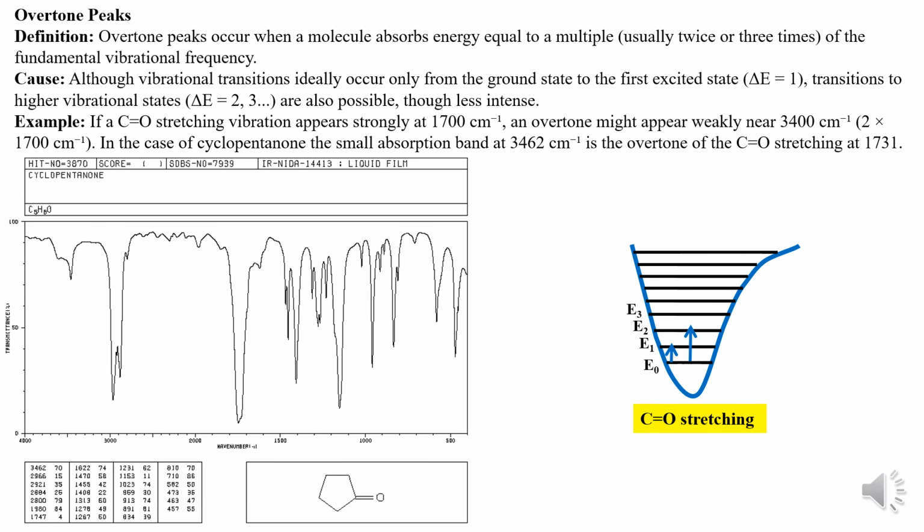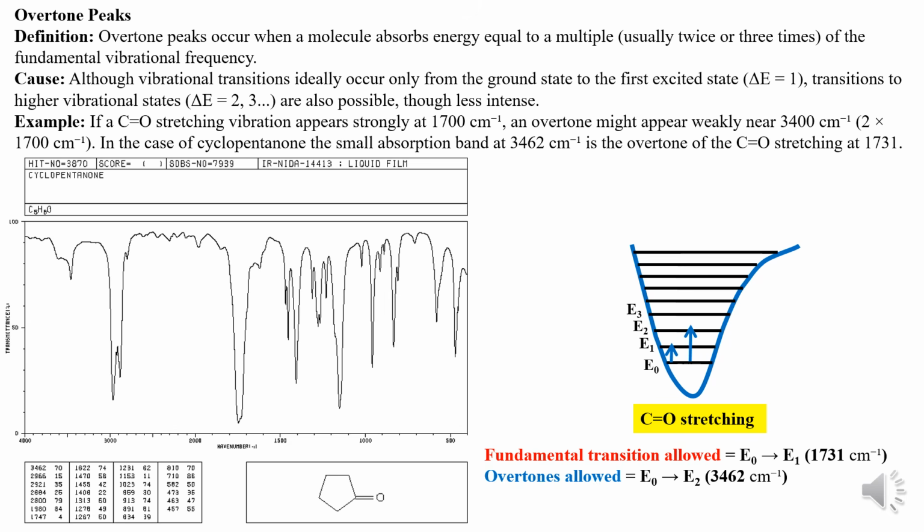So the fundamental vibration for cyclopentanone with respect to the carbonyl stretching, you see a peak at 1731 centimeter inverse. And this peak at 1731 centimeter inverse is the fundamental transition allowed, which you generally see in case of IR spectra of cyclopentanone.